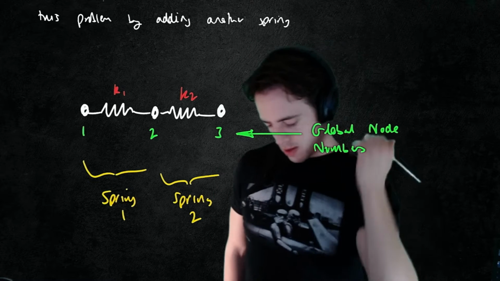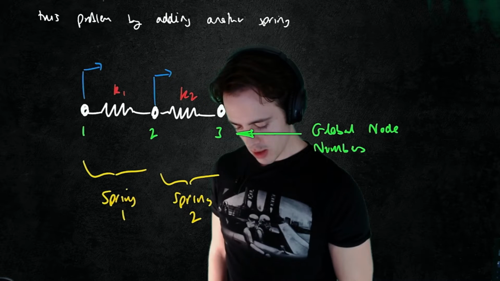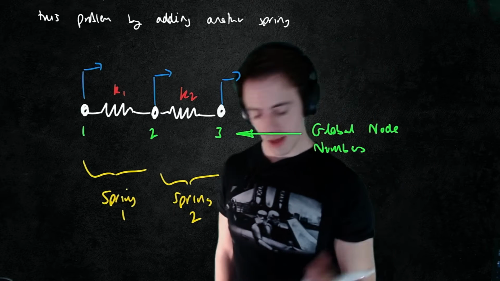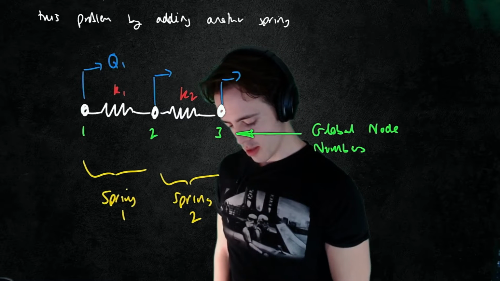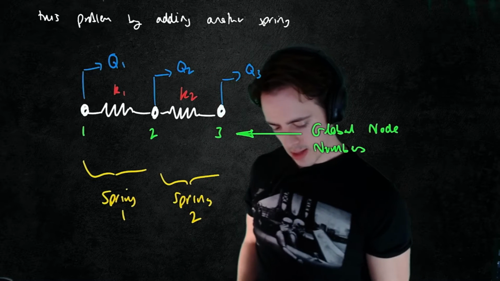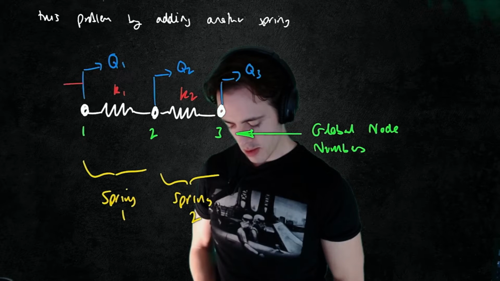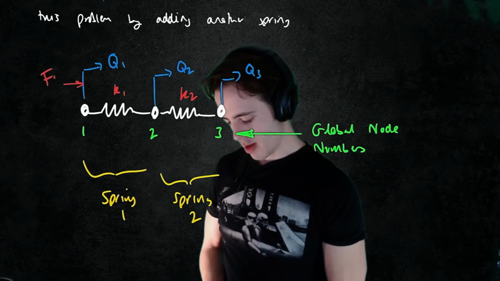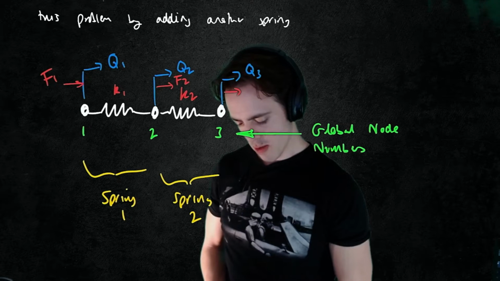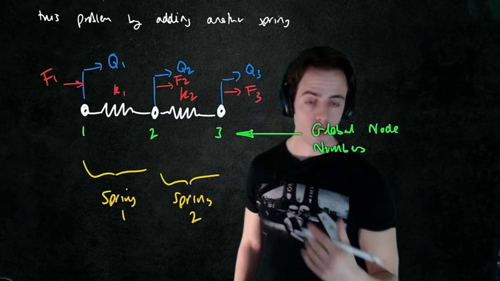Associated with these, we've got displacements Q1, Q2, and Q3, but because those are global, I give them an uppercase letter. And then I've got associated forces that I can apply at each of these nodes as well. Uppercase F1 is the total force at node 1, F2 is the total force at node 2, and uppercase F3 is the total force at node 3.